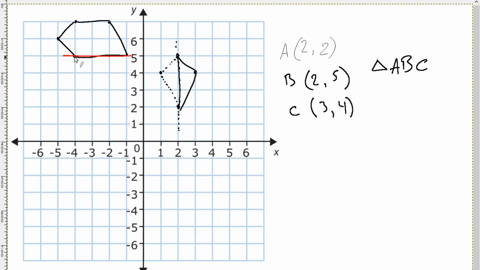So let's start with this point here. We know that our next point that we're going to draw is one up and one over. But since we're doing a reflection here, or a line of symmetry, we're going to go one down and one over.